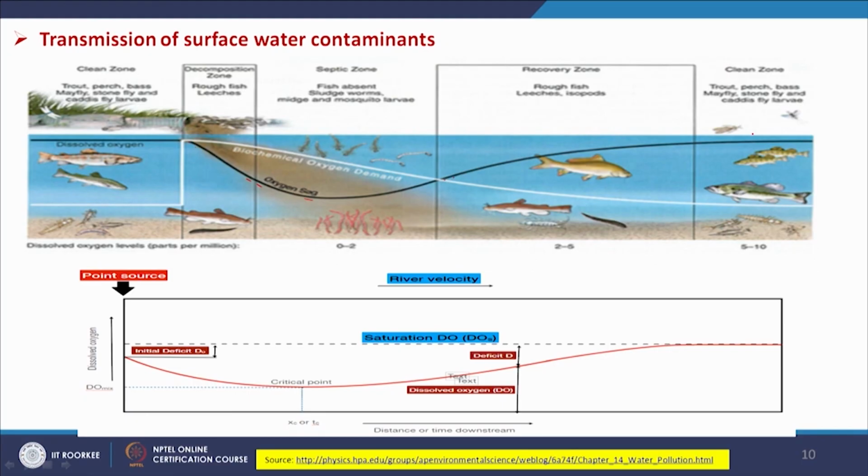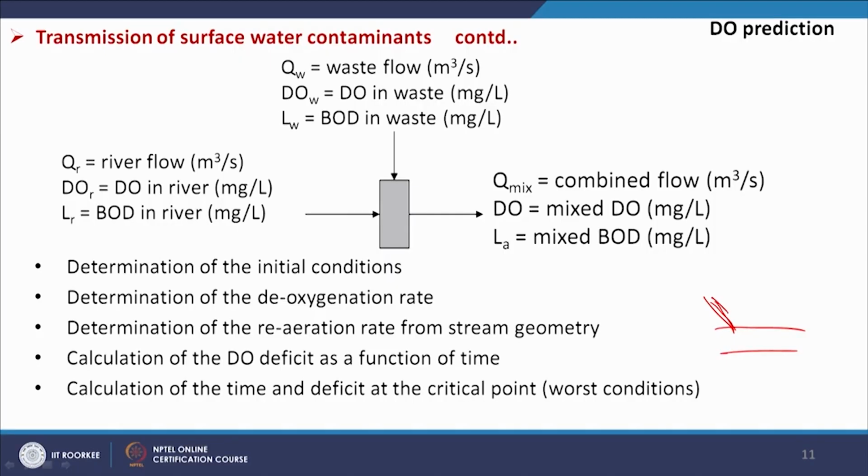Now, we will discuss how we can predict the DO level at any location downstream of the entry of the pollutants into the river stream, and how these pollutants are distributed or transmitted. Now, we see we have a river. Another point is a discharge from municipal sources, coming in here, say; this is our waste stream and this is our river stream.